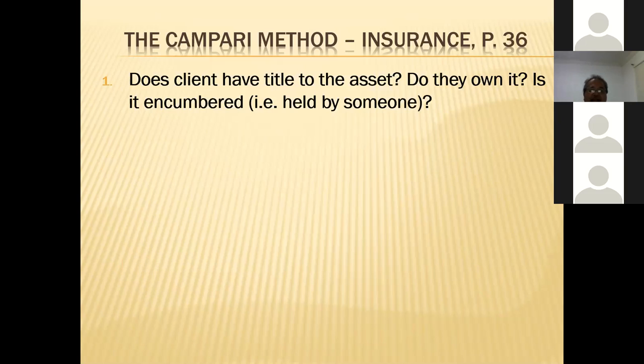Does the client have title to the asset? Do they own it? So when the customer comes to you, let's say for a mortgage, one of the things they have to be able to prove is that they actually own the property that they're mortgaging.